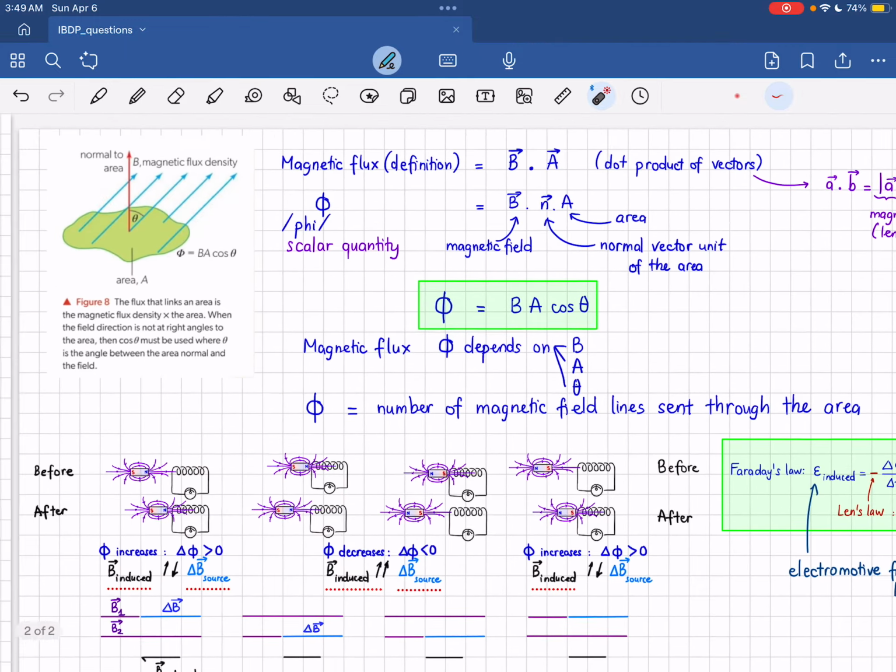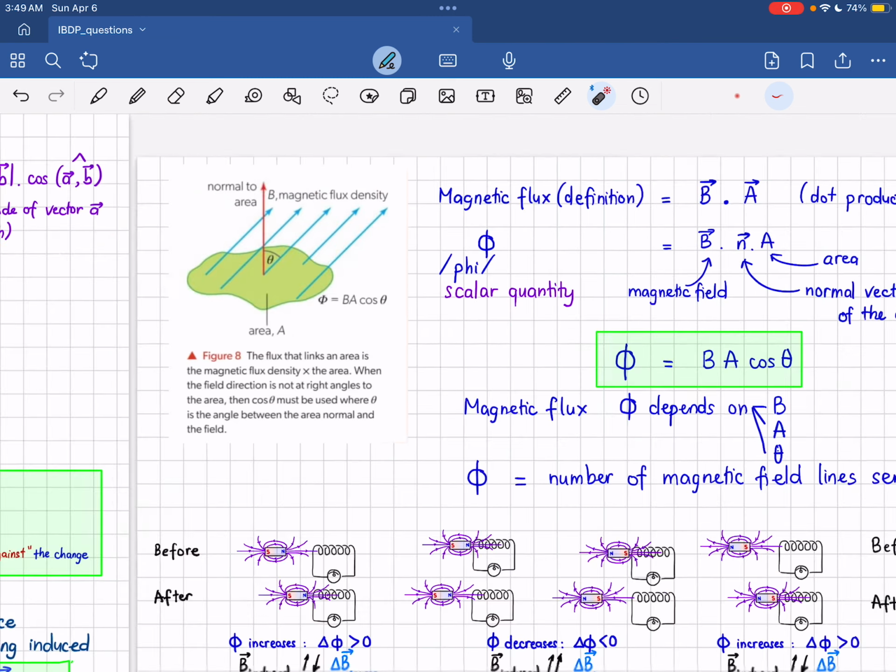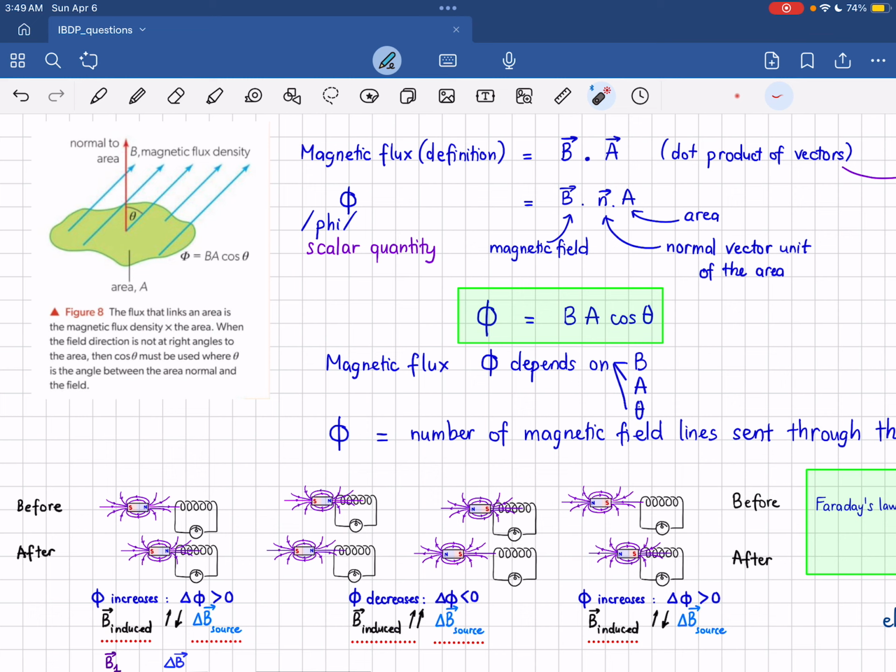If you have a look at this one, this is vector A, this is vector B, and this is the angle between them. So that's why you find this equation.